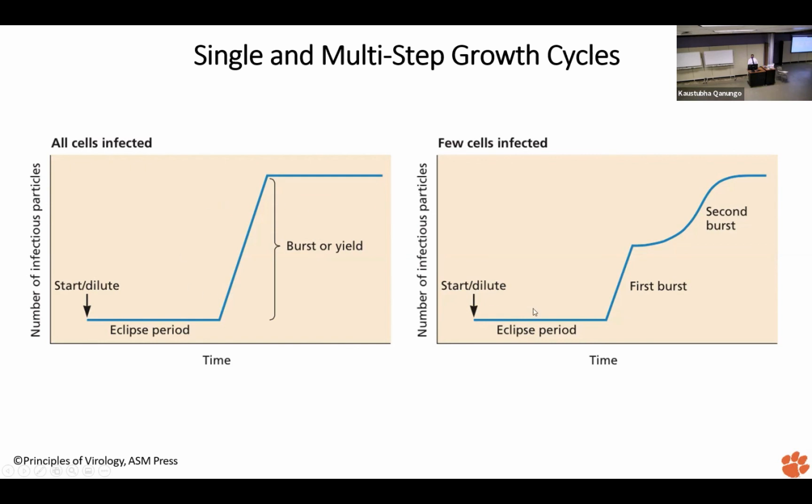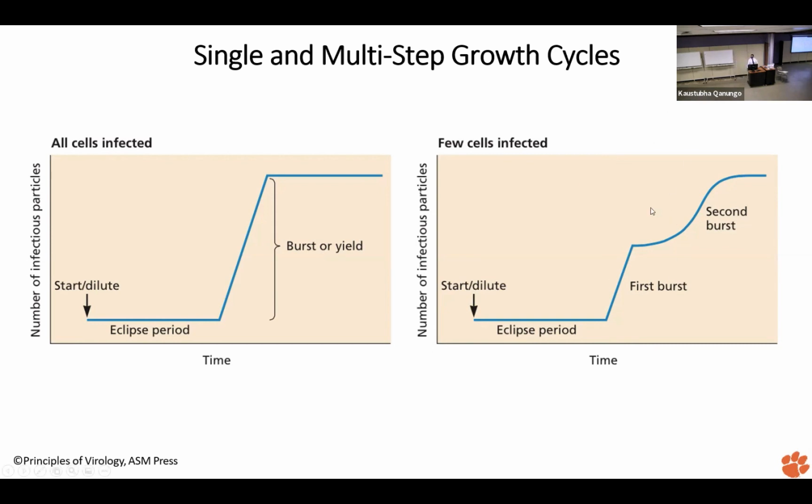On the other hand, if you have a very dilute sample, you can see multiple bursts. At the first burst, some of the cells have been infected, these viruses come out, and then they infect the other cells, and so on. Suppose you have 1 million cells and you put 10 virus particles in there, you are probably going to see this number.